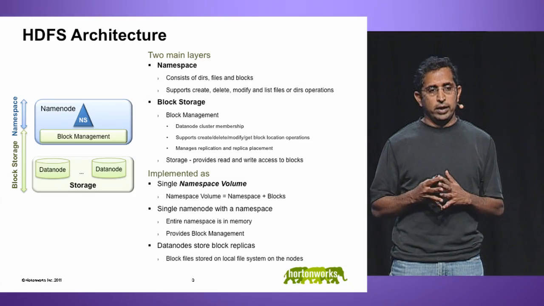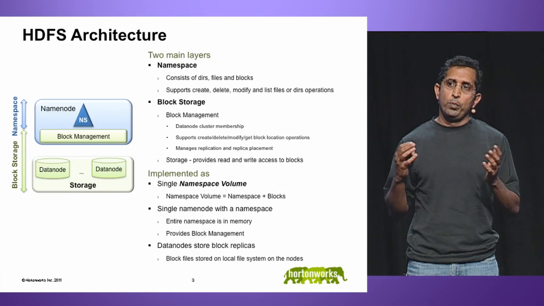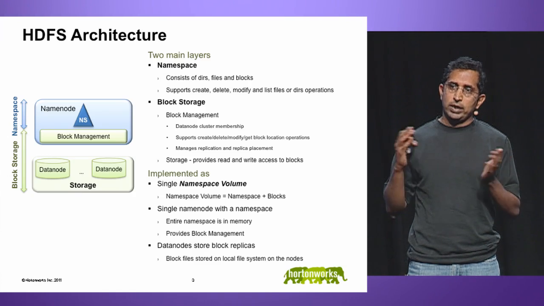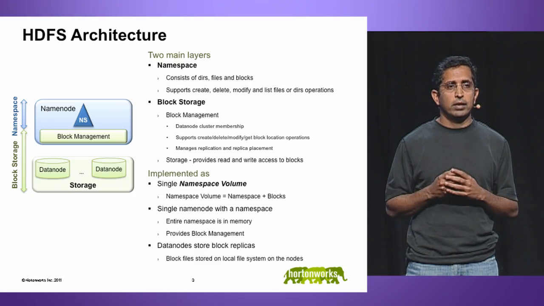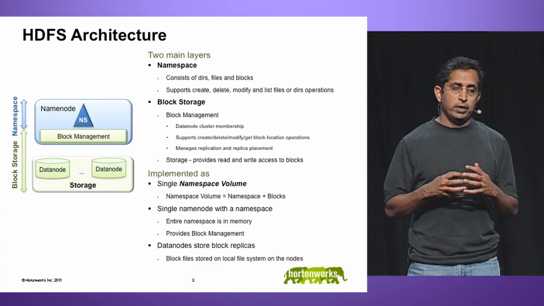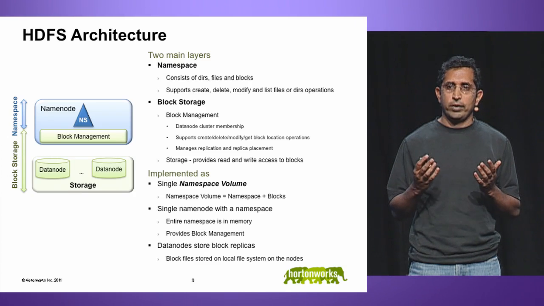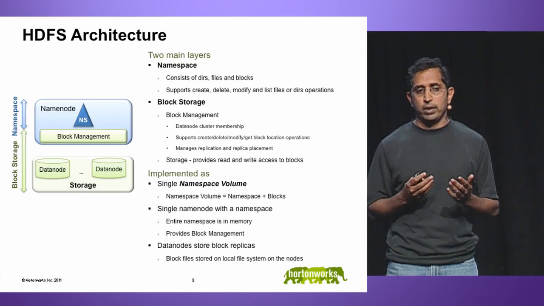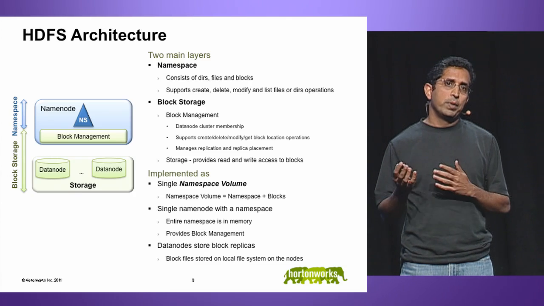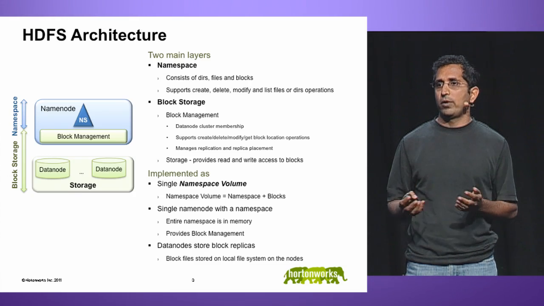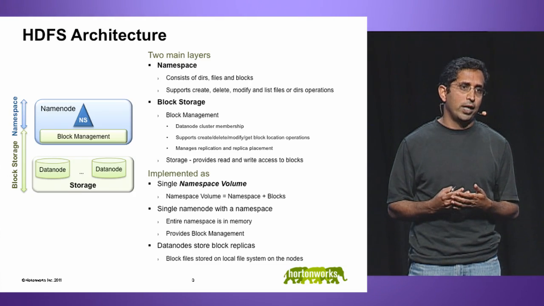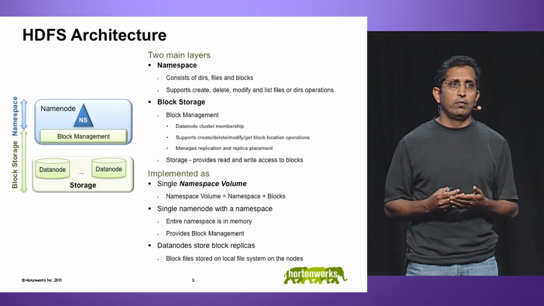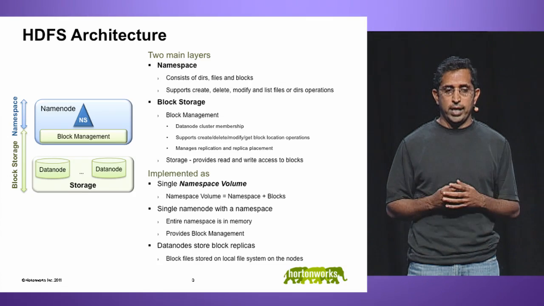So in HDFS, there are two main layers. The first main layer is the namespace. Namespace consists of directories, files, and the blocks that make up a file. The namespace supports all the namespace-related operations, such as creation of a file, deletion of a file, listing files, modifying files, things like that.